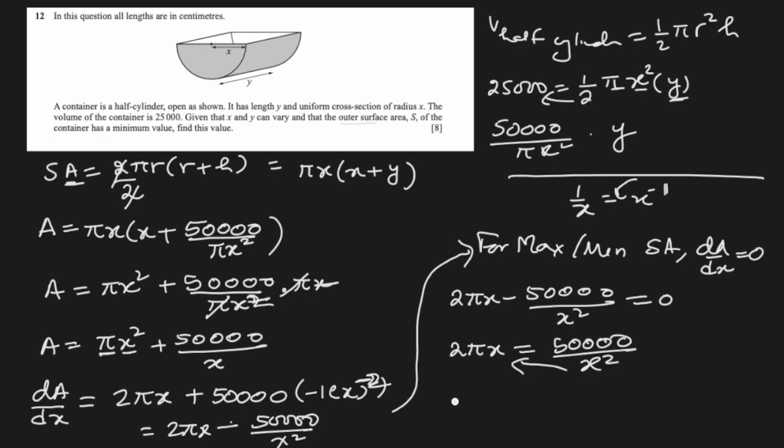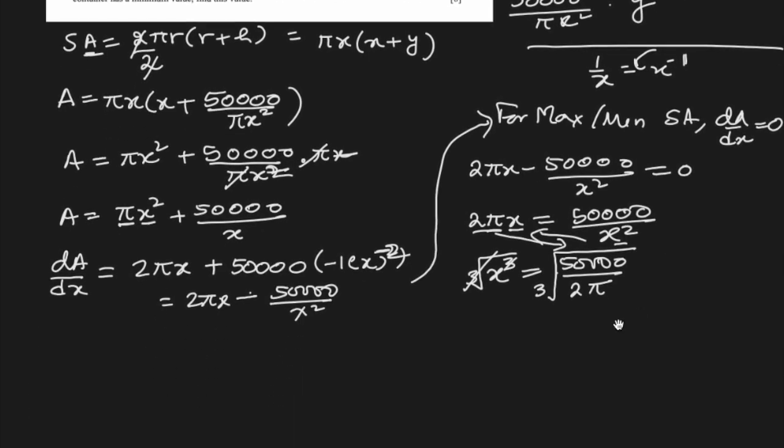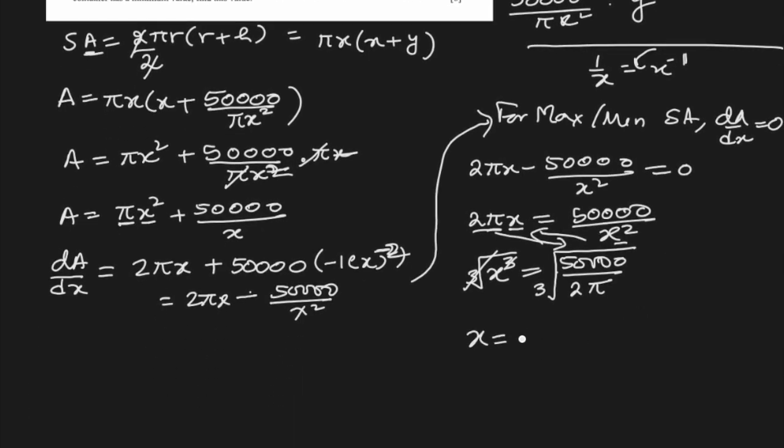So x multiplied by x square is x cube. Take this 2 pi here, cross multiply, 50,000 over 2 pi. Since it's a cube and it's positive, that means we'll get only one value, which will be the cube root of this. So cube root and cube cancel out. We get x equal to the cube root of 50,000 over 2 pi.